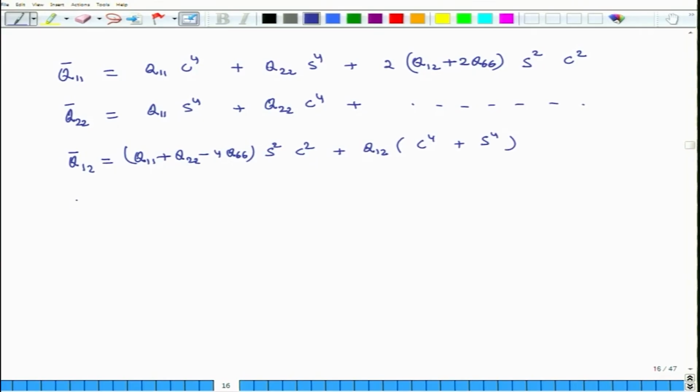Okay. Q66 bar equals, so these are complicated relations, but if you know the mathematics, then you can compute them, and you can even create a small code which will compute all the Qs for your composite.